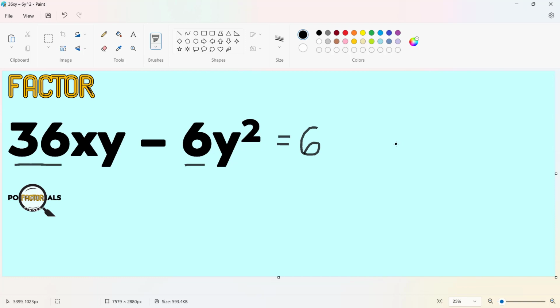But we are not yet done, since there might be another factor that could be removed, and that pertains to our literal coefficients here. But before we go to that, of course, once you take out 6 from 36 and from here, the new numerical coefficients of the binomial would be different.